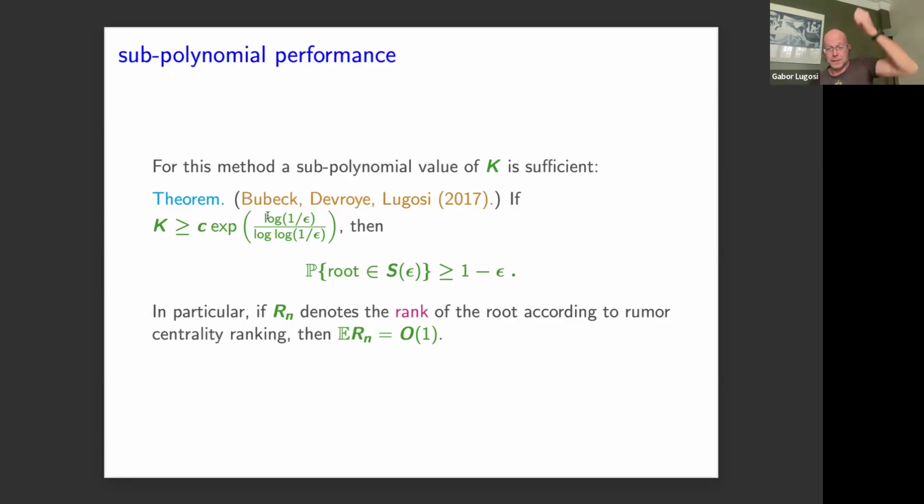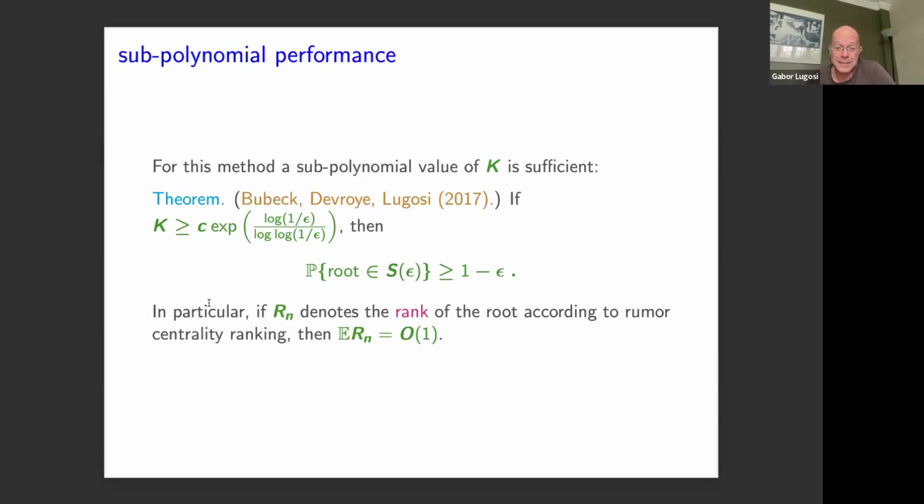So we can order vertices according to rumor centrality, take this many most central vertices, and that set will contain the root with probability at least 1 minus epsilon. This is nice because this is much smaller than any power of 1 over epsilon. So maximum likelihood performs much better than Jordan centrality, where we saw that 1 over epsilon is not beatable.